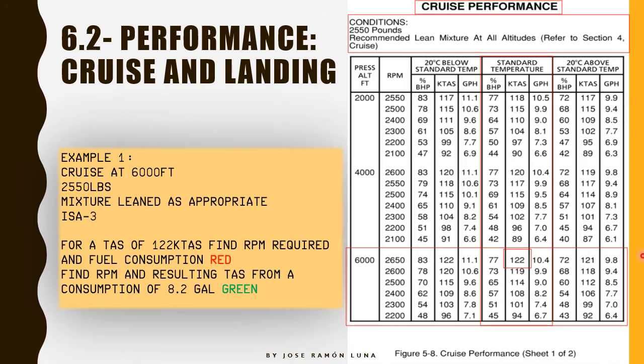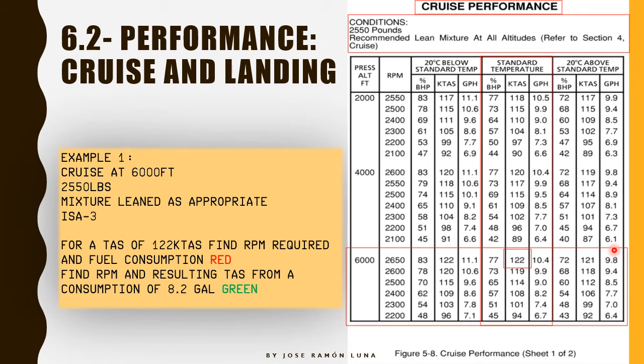We're going to look for that speed, or something that looks like the speed we were looking for. So in this square, that is the data we're going to be using, we're looking for 122. Not here, here, here, here. No. We're looking for 6,000 feet at standard temperature, 122. With this speed, we're going to be doing this percentage of the brake horsepower and these gallons per hour, so this fuel mileage.